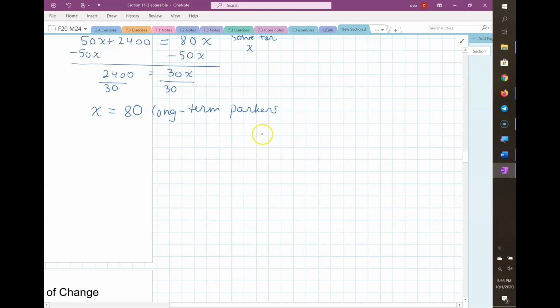So I'm going to have a graph that has x is the number of long-term parkers, and then y is going to be in dollars.